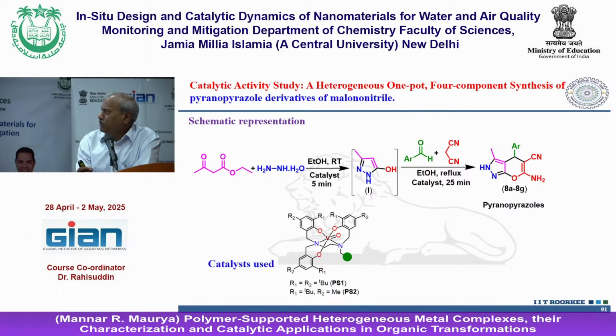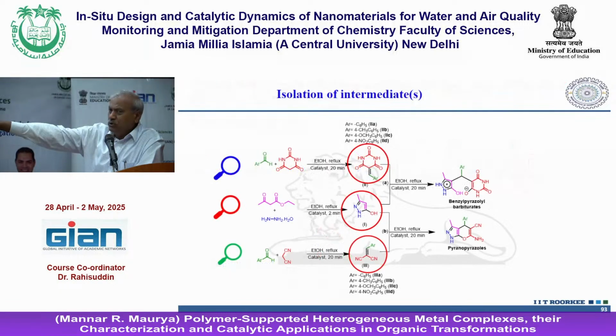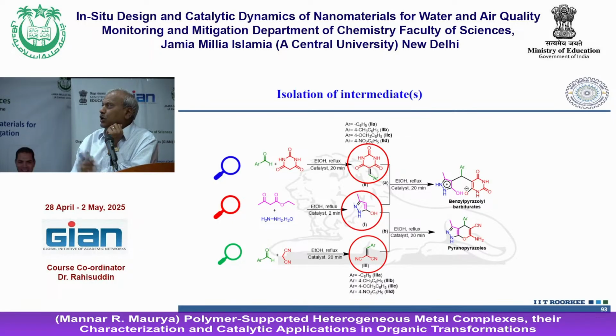So what we have found is that in the beginning, when you combine these two, this gives you an intermediate which can be isolated, and these two reactions, NH2NH2 is known, and this forms an intermediate that can also be isolated, and these two intermediates can be reacted again in the presence of catalyst and give you the product. So we have isolated one intermediate and a second intermediate, two intermediates in between, so that gives you the perfect reaction mechanism, how the reaction is moving during the catalytic cycle.